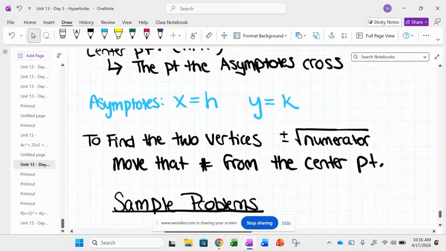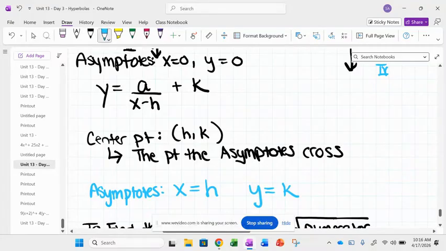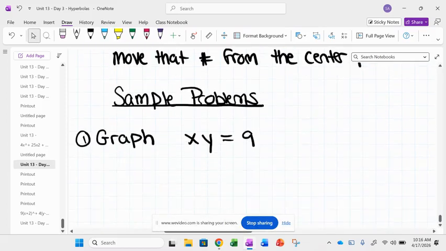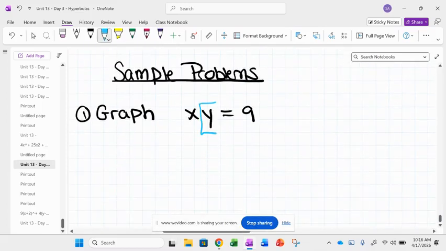Okay, so now what I want to do is make it look like its standard form. And its standard form is basically just saying get y by itself. So if I'm going to get y by itself, what does that mean? I have to divide by x.